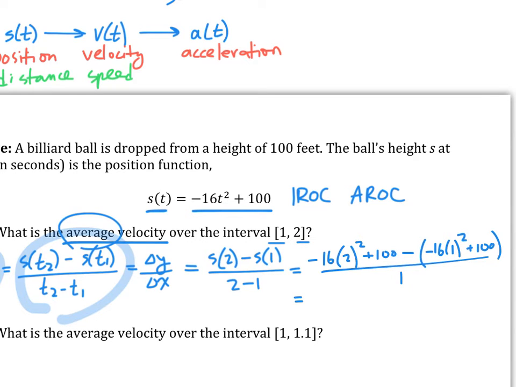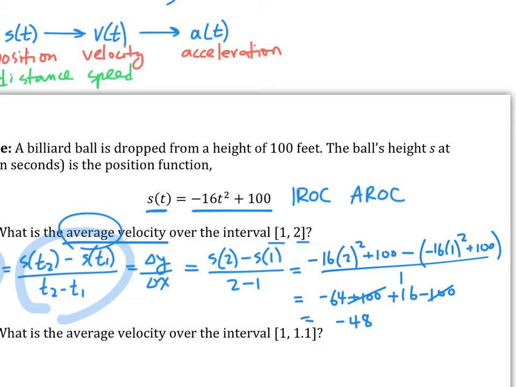All right, negative 16 times 4, that is negative 64, plus 100 minus 16, so plus 16, minus 100 over 1. Okay, that's irrelevant. Over 1. Okay, so then that cancels out. So negative 64 plus 16 is negative 48. So the average velocity over this interval is negative 48.